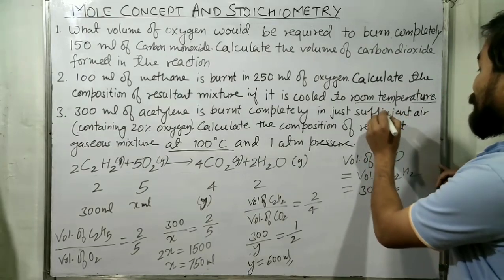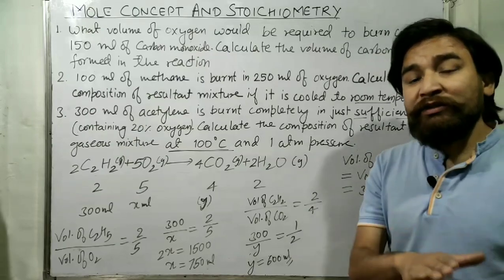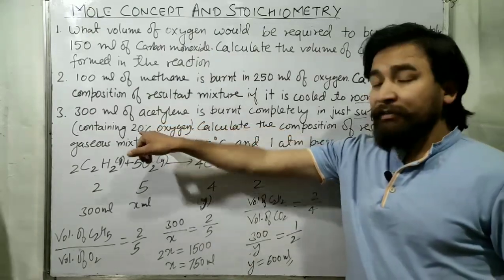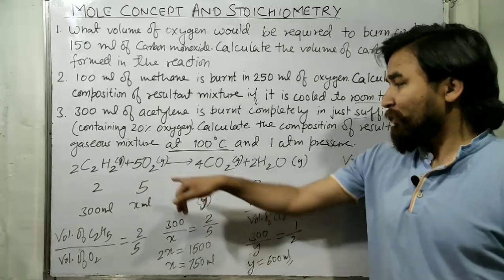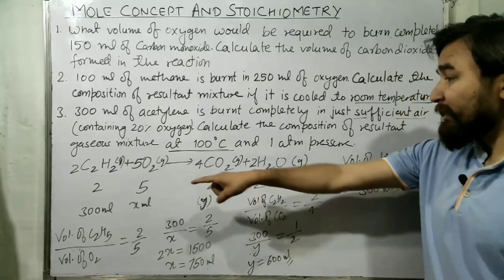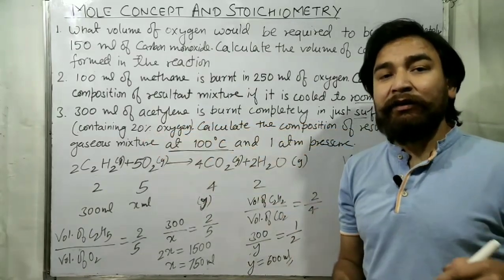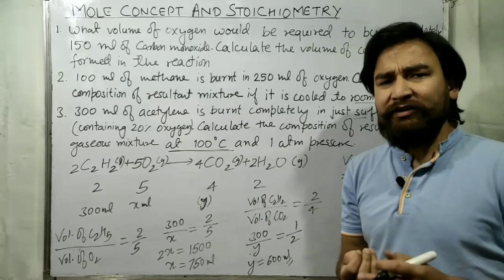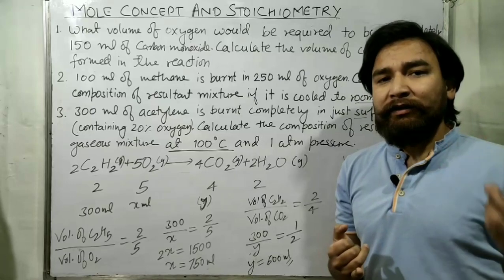In the question we have sufficient air, means the air which contains 20% oxygen, and the air is sufficient for this reaction. So we have to assume here that air contains 20% oxygen and the remaining must be nitrogen. However, there are so many other gases, but we will consider that the remaining is nitrogen.